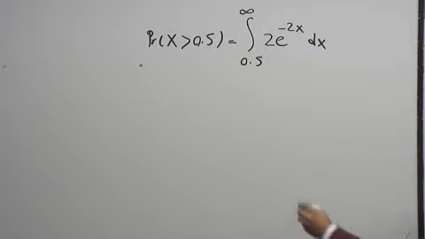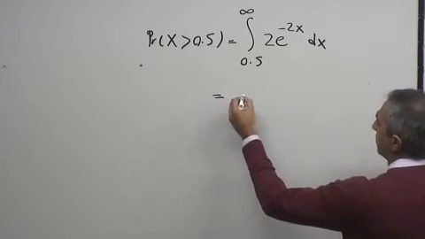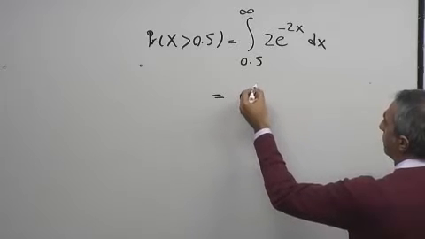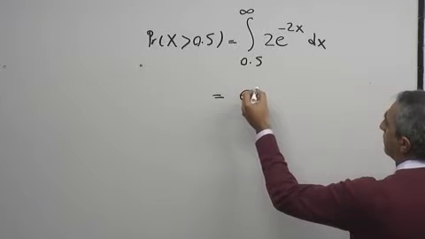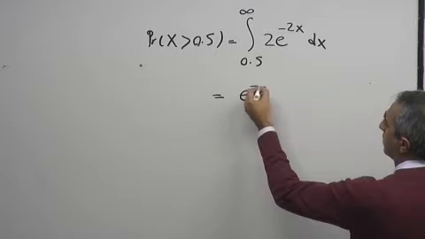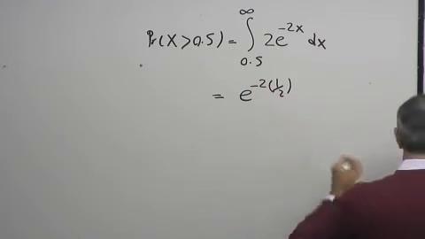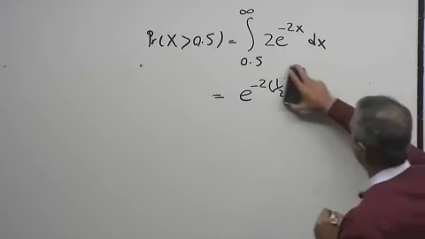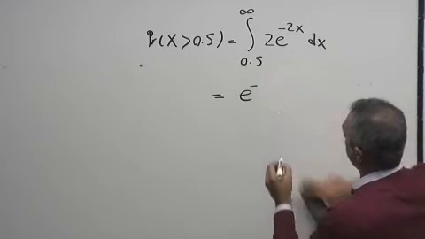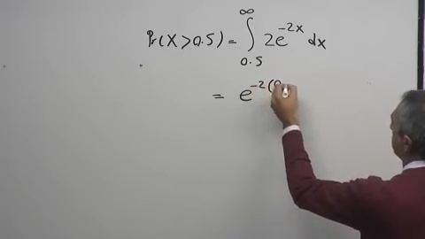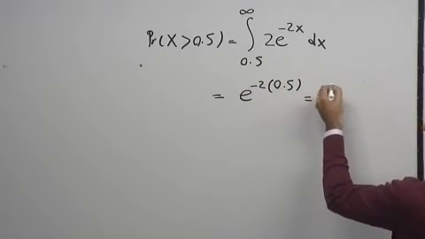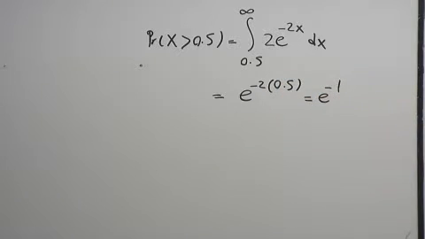Okay? And it's simple integration. If you do that, that's going to be something like this, e to the power of minus 2 times 0.5, which is e to the power of minus 1. Okay? Any questions?